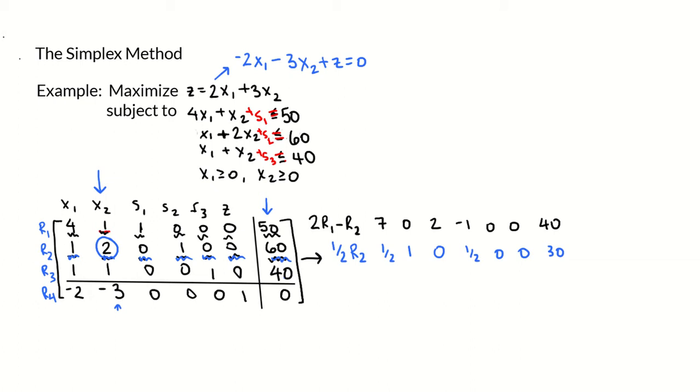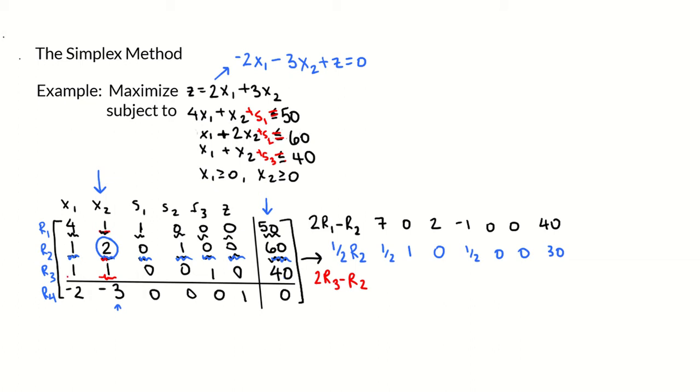Now let's take row 3. And now we want to turn this entry, which is a 1, into a 0 by combining row 3 somehow with row 2. Let's do 2 times row 3 minus row 2, because that way we can combine this 1 with this 2 and turn that 1 into a 0.